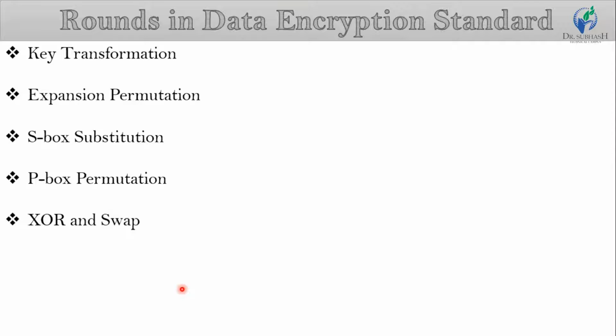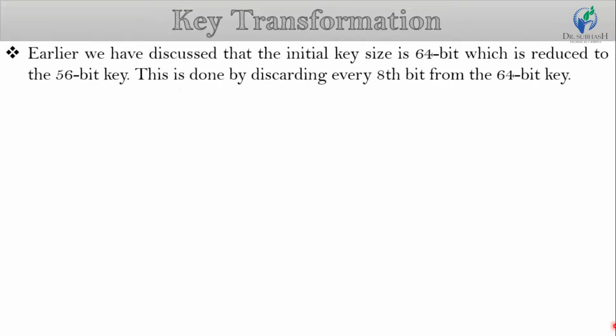Now, I will explain these steps in detail. So, our first step is key transformation. Earlier, I discussed that the initial key size is 64 bits, which is reduced to a 56-bit key.